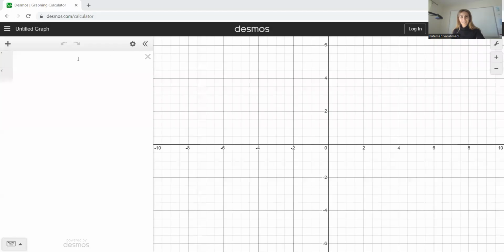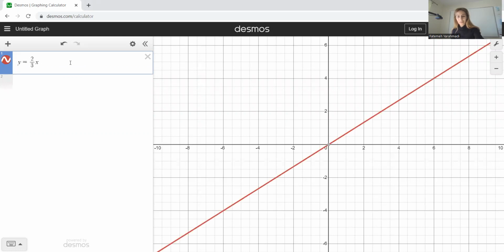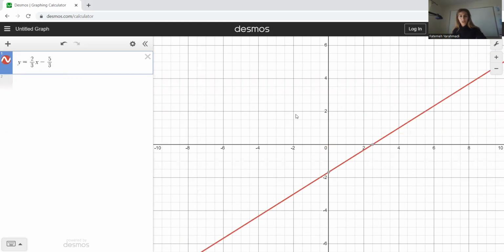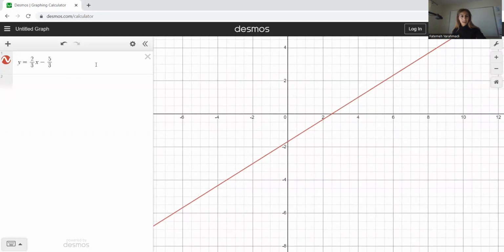So let us take a look at Desmos. This is y equals this original equation, 2/3 times x minus 5/3. So this is our original line, and we found a parallel line.